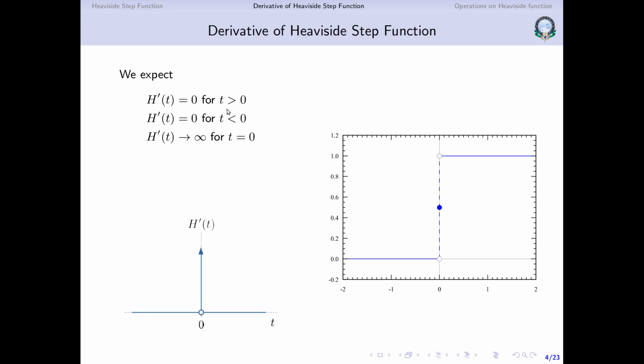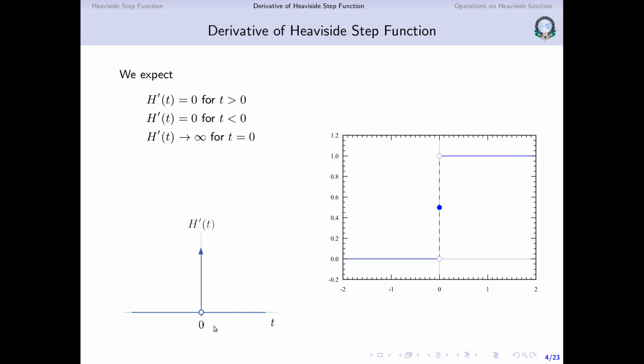So for positive values of t, the derivative of the Heaviside step function is 0. For negative values of t, the derivative is also 0, and for t equal to 0, the slope, which is nothing but the derivative, will tend towards infinity.